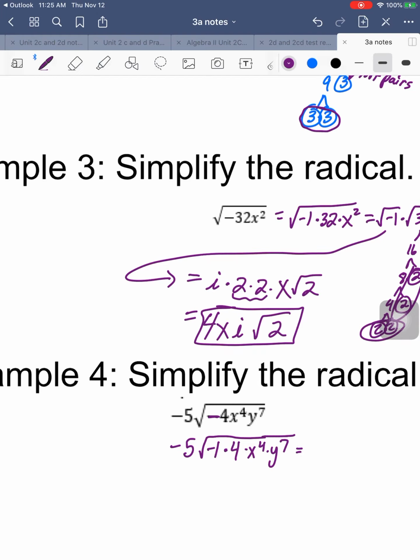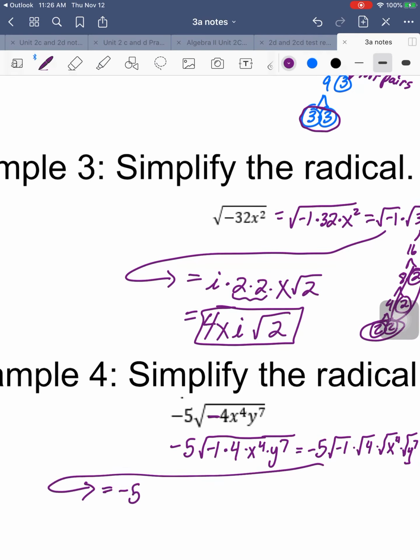And then let's split it up. And some of these steps you can absolutely cut out if you feel comfortable, or once you get comfortable with these, you can take some of these steps out.